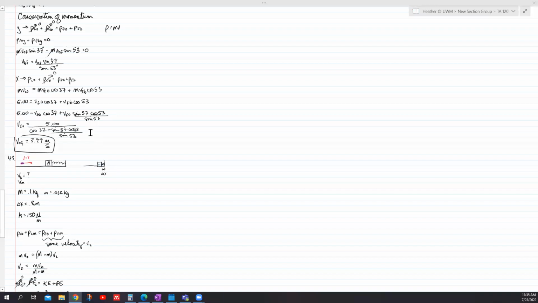And we end up with 5 equals the final velocity of the orange, cosine 37, plus the final velocity of orange, sine 37 cosine 53 over sine 53. Plug in our values, we end up with the final velocity of the orange equals 3.99 meters per second.